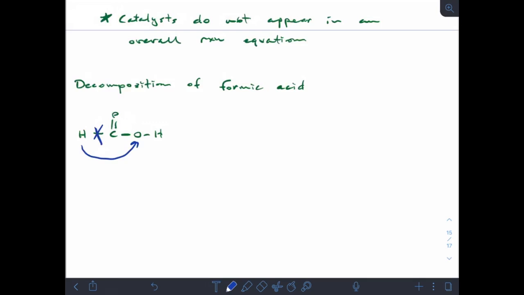Okay, and then it further decomposes. The result being a reaction that looks like this, and it becomes carbon monoxide and water.